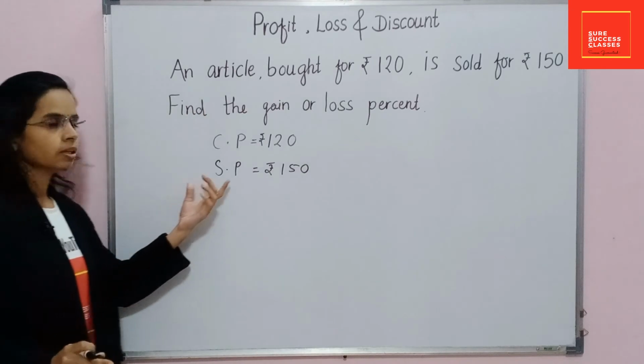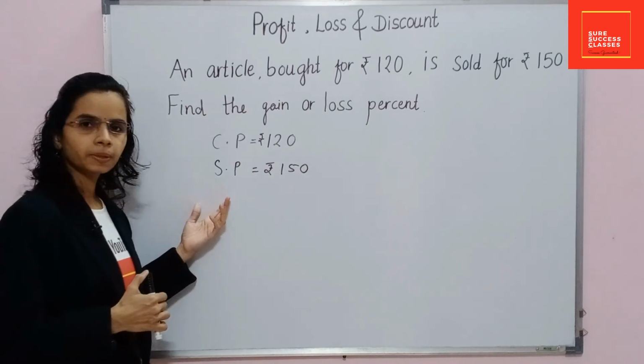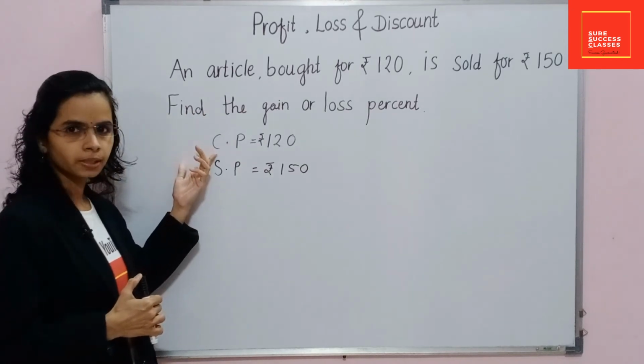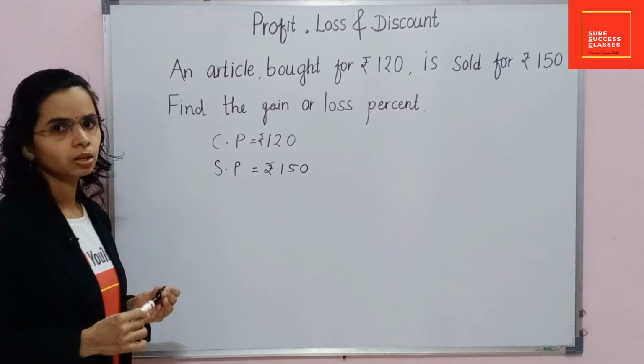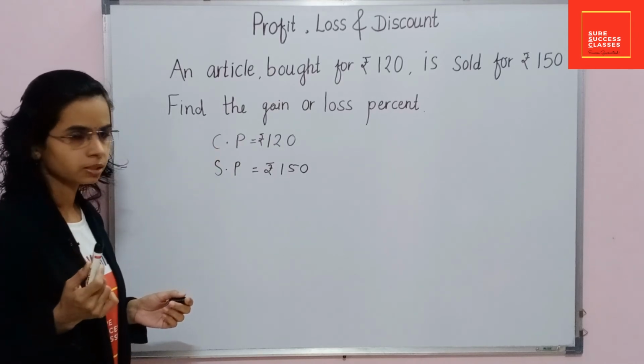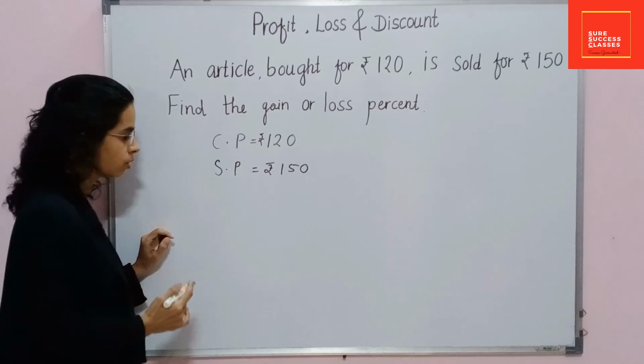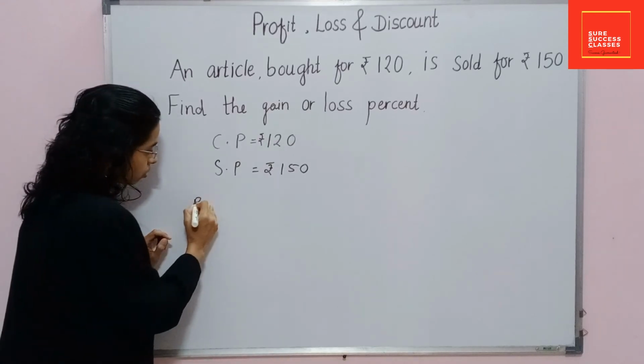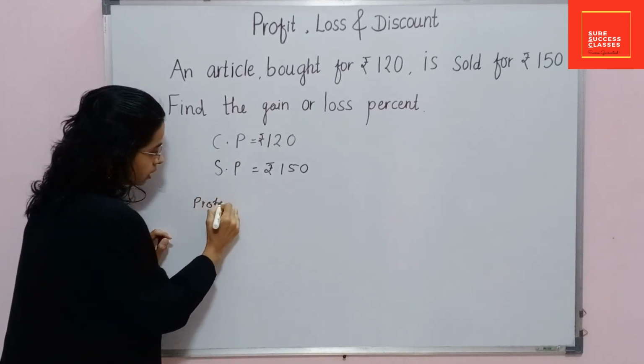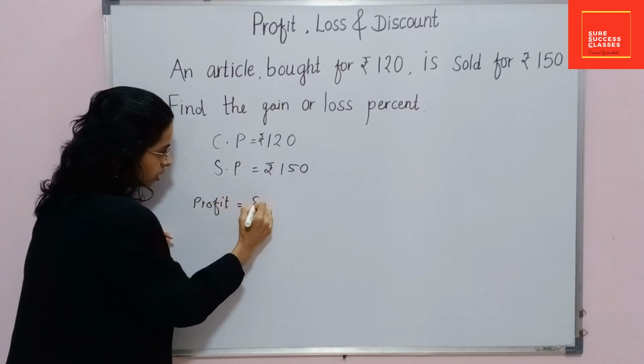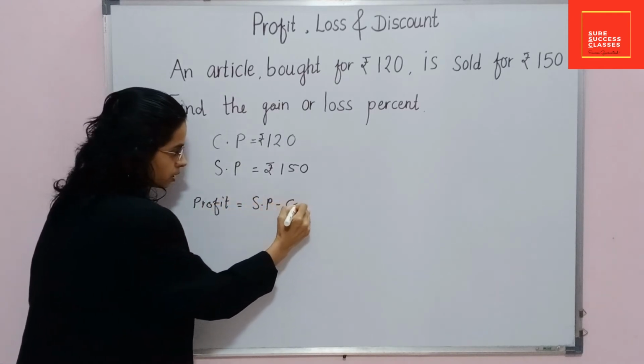If you observe here, selling price is greater than cost price. So are we having loss or profit? Yes, obviously we are having profit here, and the formula to find out profit is nothing but SP minus CP.